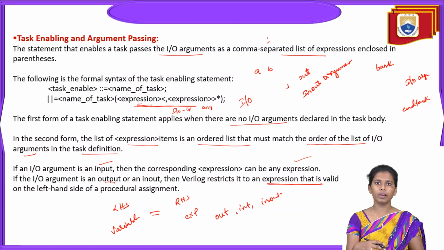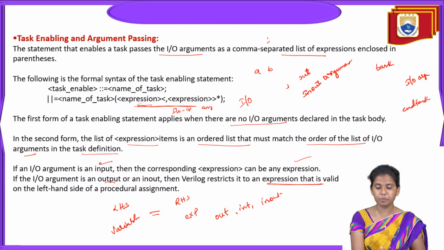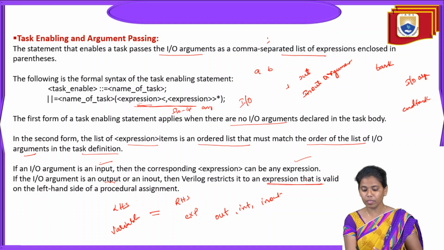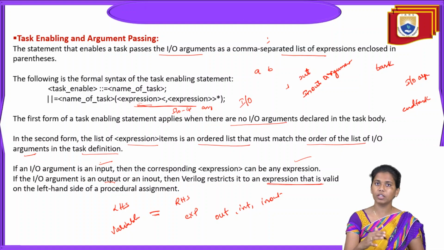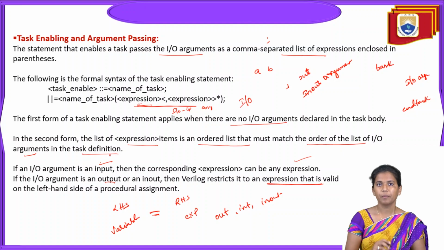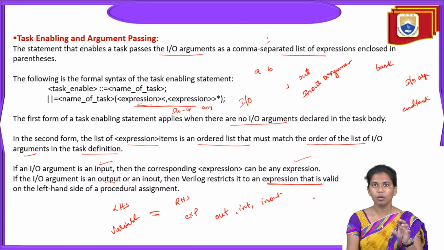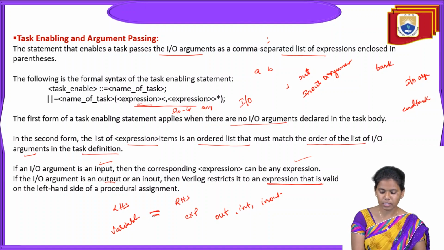Whereas if the argument is going as per the input, we see that there is no change in the expression. But if it is going as per the output, then we will see some restrictions, since it must be valid on the left hand side of the procedural assignment.